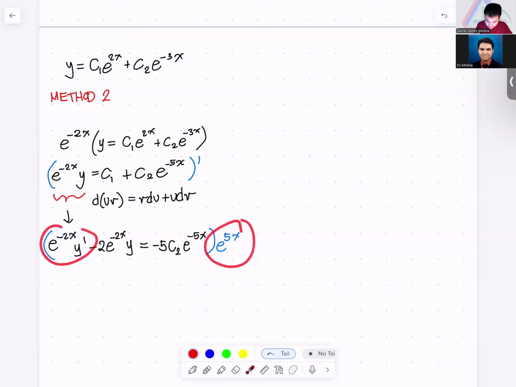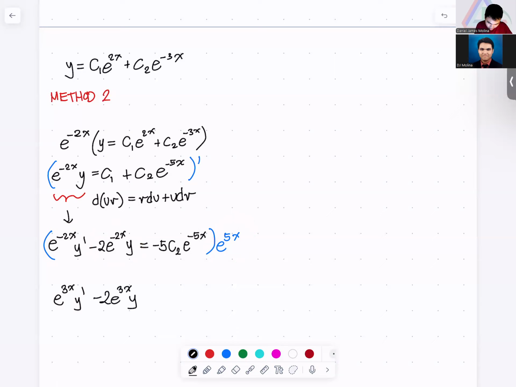Product, you distribute. Okay? So multiplying this leads us to e raised to 3x y'. Multiplying this leads us to negative 2 e raised to 3x y equal to negative 5 c sub 2. Okay.